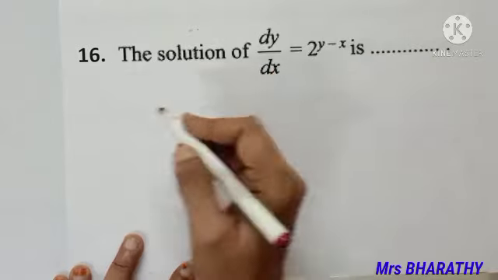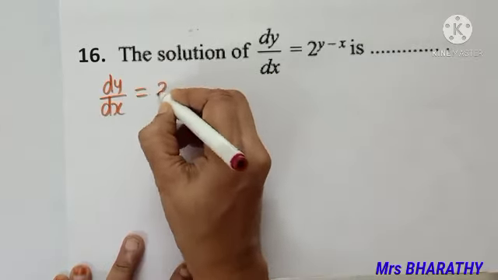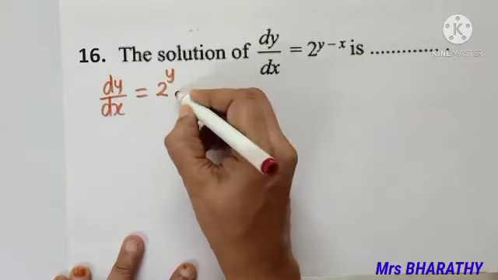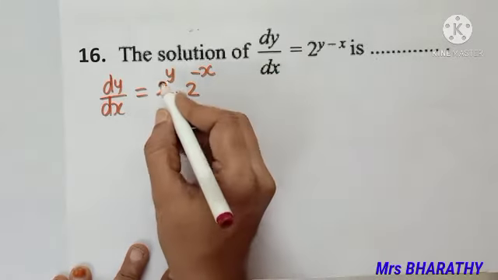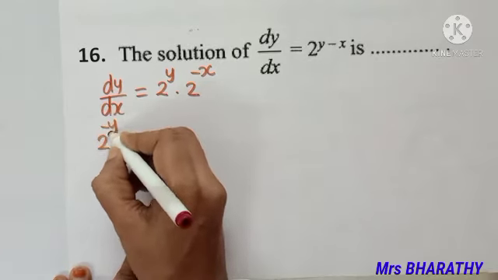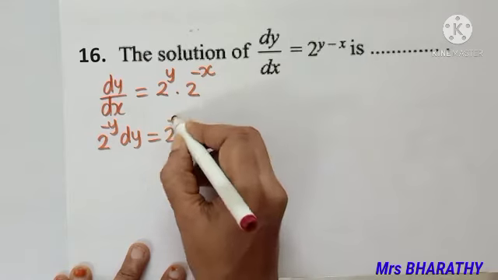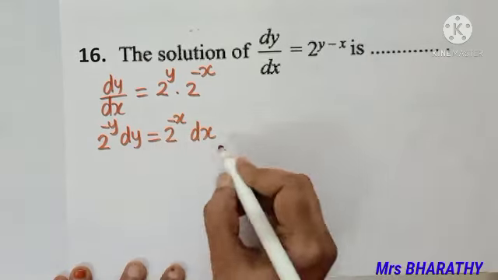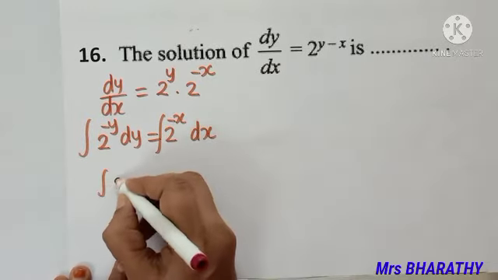Question number 16. The solution of dy by dx equals 2 power y minus x. As we split 2 power y into 2 power minus x. Bringing 2 power y to the left, it is 2 power minus y dy. Taking dx to the right, it is 2 power minus x dx. As we have separated the variables, let us integrate.